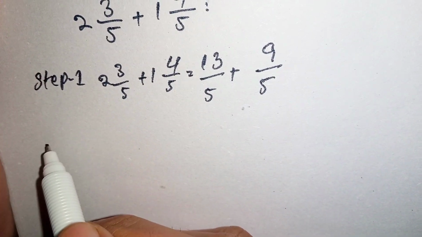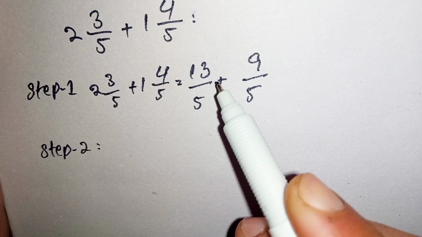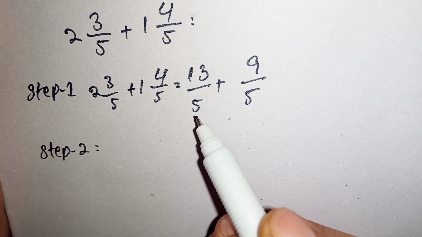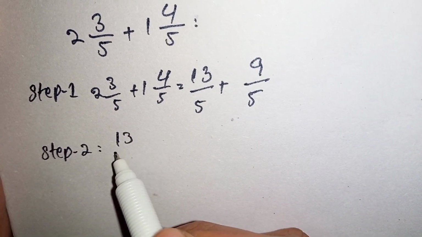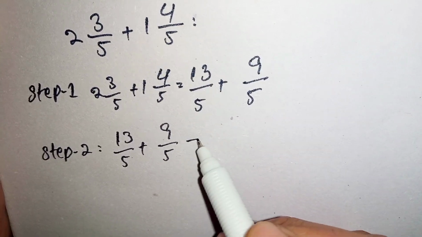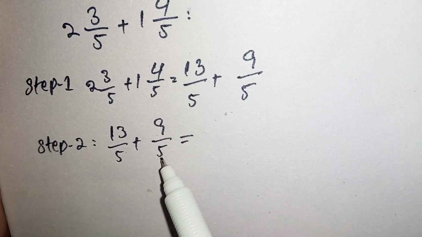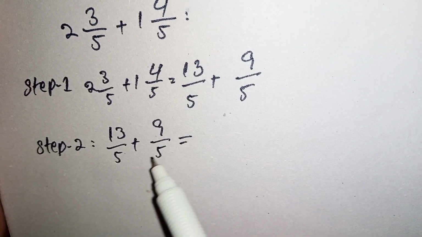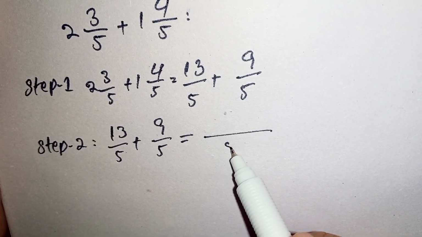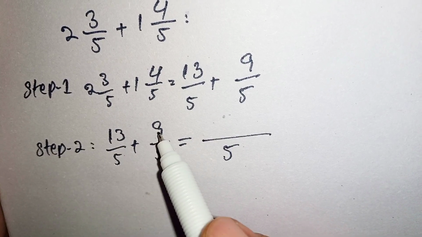Now, in step 2, we will add both of these improper fractions. So, 13 over 5 plus 9 over 5 is equal to. Here we see that both of the improper fractions have the same denominator. So, we will take one of the denominators, which is 5, and add the numerators, which are 13 plus 9.